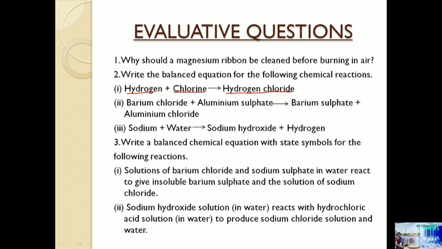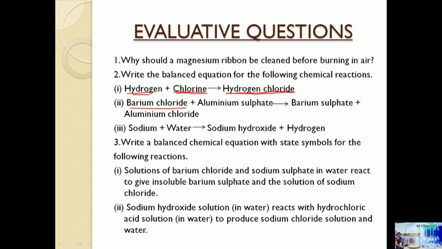In H2, 2 hydrogen atoms are present, and in chlorine, 2 chlorine atoms are present. But in hydrogen chloride, 1 atom of H and 1 atom of chlorine. So we need to put 2 on the product side. So that equation will be H2 plus Cl2 gives 2HCl. Right?